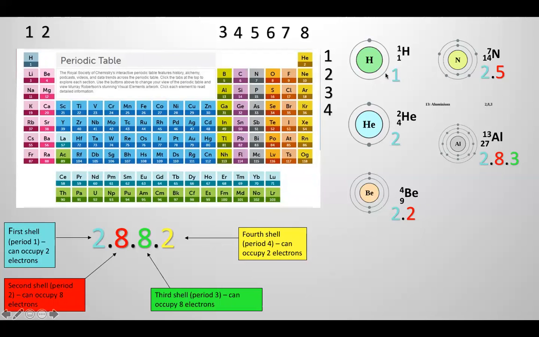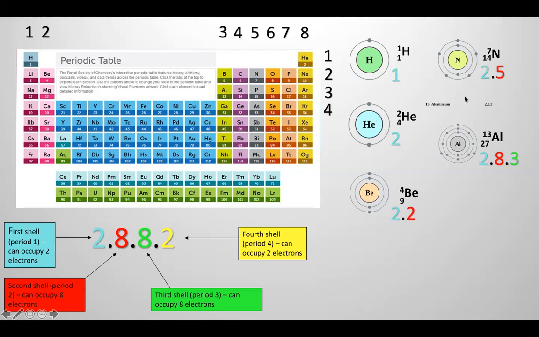So if you look here, the final number in the electron configuration is 1, and there is only one number. So this element must be in period 1, but also it's in group 1. So if we go over here, period 1, oh look, hydrogen, group 1.